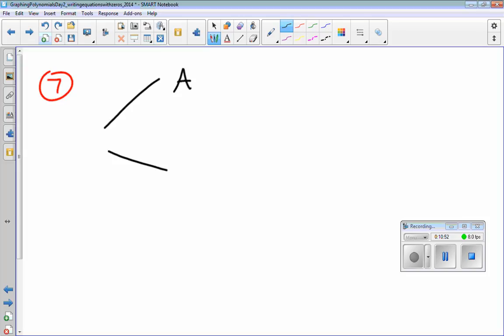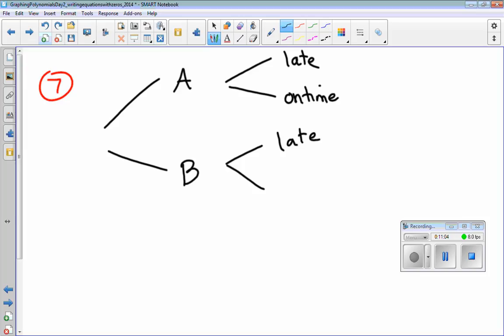So we can have they go with company A or they go with company B, and then we have that they either are late or they're not. So, it says here that 30% of its packages go with service A, which means 70% go with B. And then I think the wording might be weird here.